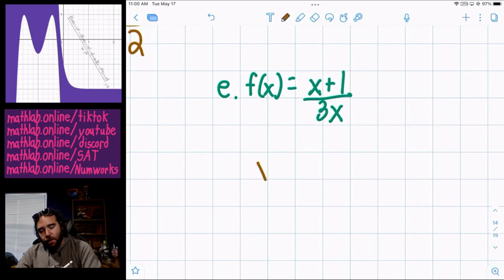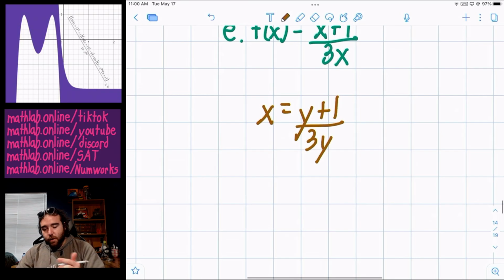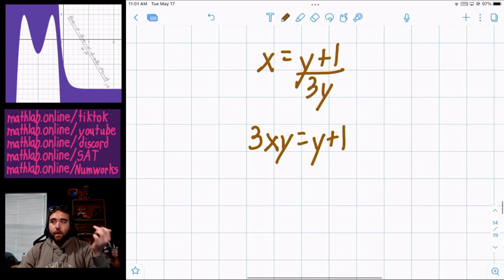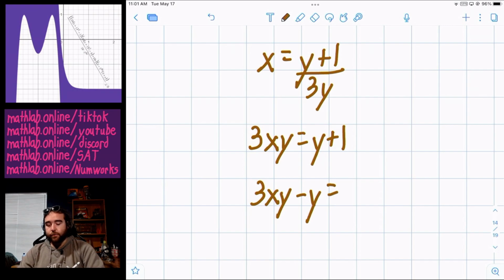So let's do this one. x equals y plus 1 over 3y. So when you have this, remember what you want to do. You want to get y by itself. So how we're going to do that is we're going to get all of the y's to one side. So we're going to have 3xy minus y equals 1.